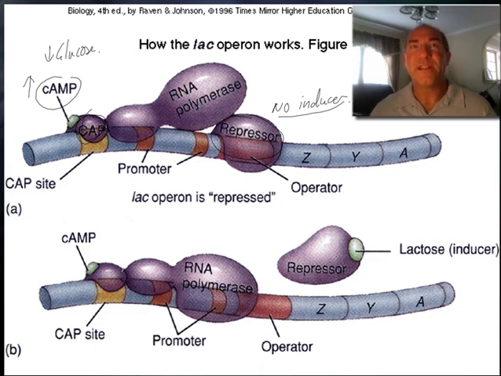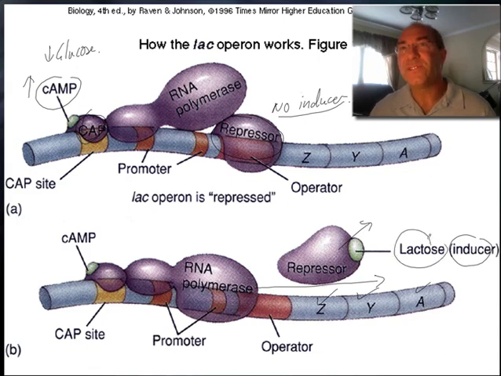In this bottom diagram we see the same system, except that the inducer is present and it has removed the repressor protein, therefore allowing RNA polymerase to transcribe Z, Y, and A genes. So what is this inducer? Well, as it shows here, this inducer is lactose. It is the compound upon which these proteins, the produced proteins, are going to act.